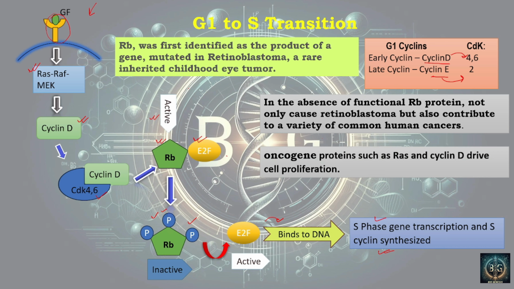What is an oncogene? An oncogene is a gene that is responsible for cancer. The oncogene proteins here are RAS and cyclin D. RAS and cyclin D help in the cell proliferation process, that means cell division, and the cell can divide rapidly, and this will sometimes cause cancer.